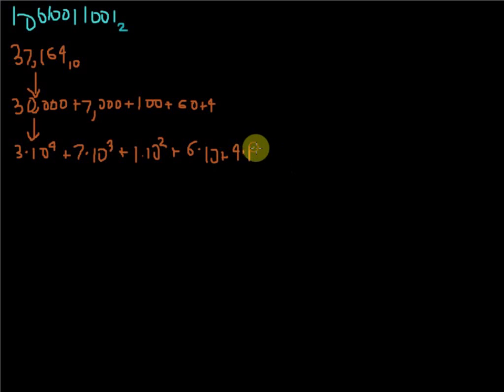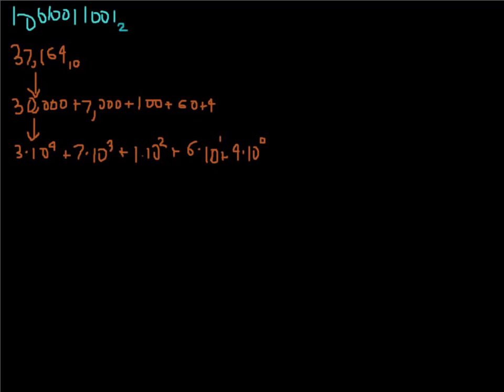So we can write 10 to the 0th here and to the 1st there, though it wouldn't really make a difference. So do you see now why we call our number system a decimal system? It's not only because we have a 10-digit system, but because our numbers are made out of powers of 10.